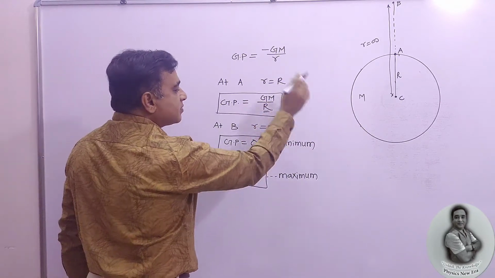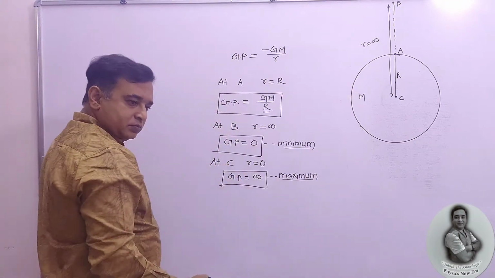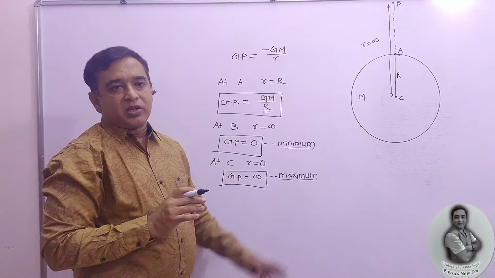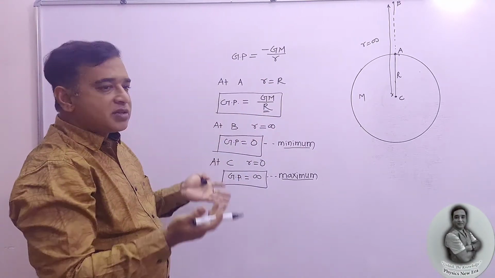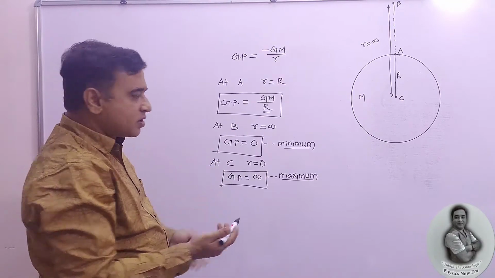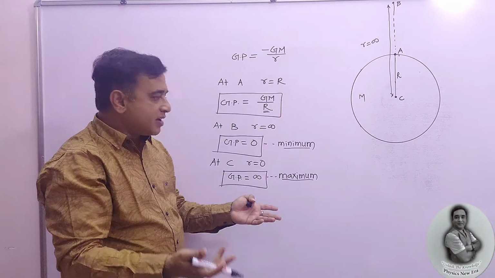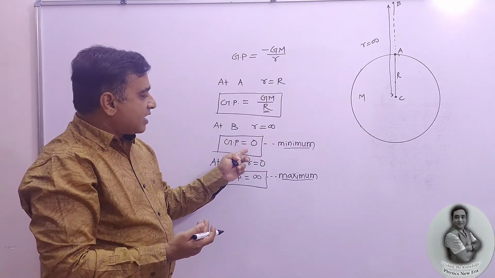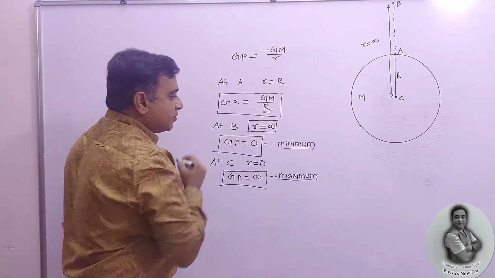Seems to be considering this is some sort of value, but we are expecting just a maximum and minimum. This is actually the work done to bring that unit mass from infinity to a given point inside the gravitational field against the gravitational force. So this is the minimum value, this is the maximum value. Whatever may be the ask in exam, you are going to write this minimum for that one. Where exactly is it minimum? Here it is minimum.